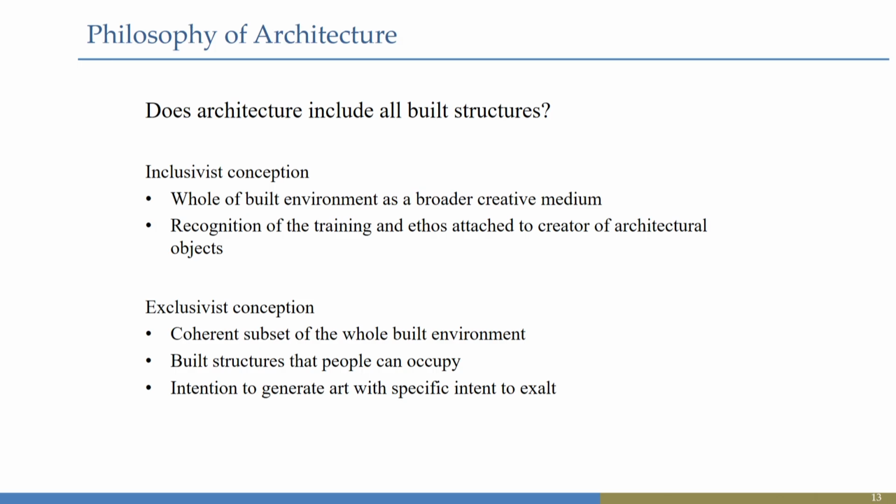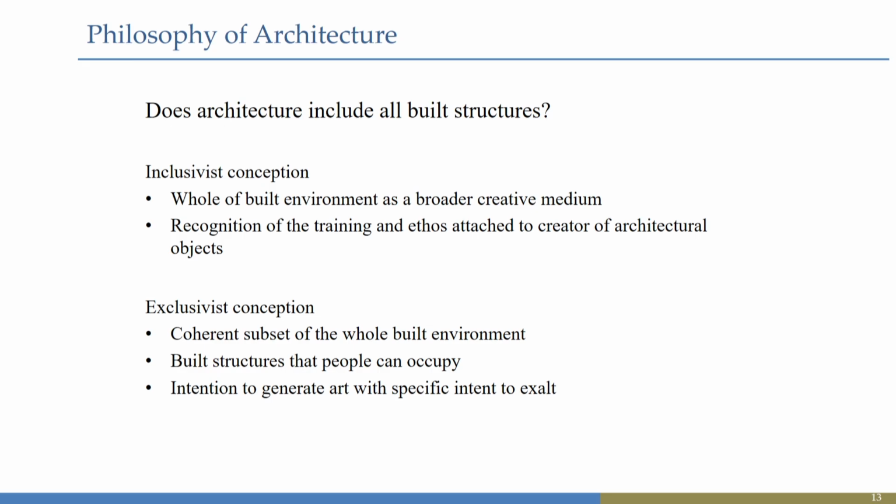Inclusivist conception says that the whole of the built environment is a broader creative medium. Anything that is built, anything that has a structure, that has touch and feel, and that has dwelling, that promotes or promises dwelling in some sense, is a built structure, and it is included in architecture.